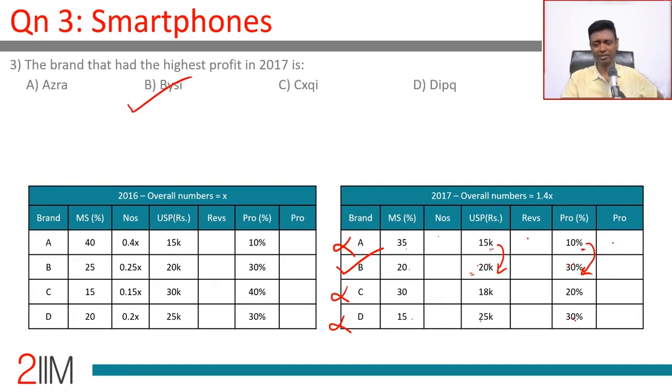We can compare and then make sense of it. The closest comparison is between B and D: 20 into 20 is 400, 15 into 25 is 375. Both are at 30%, so this will be higher. And we can calculate each number, especially because we are given a calculator. Might as well go ahead and find all the numbers. But you can do this question without computing the individual numbers.